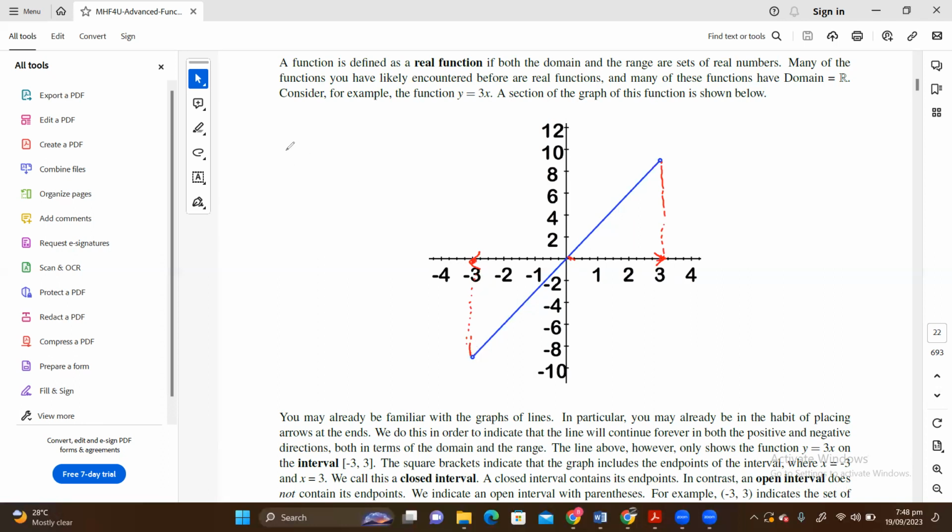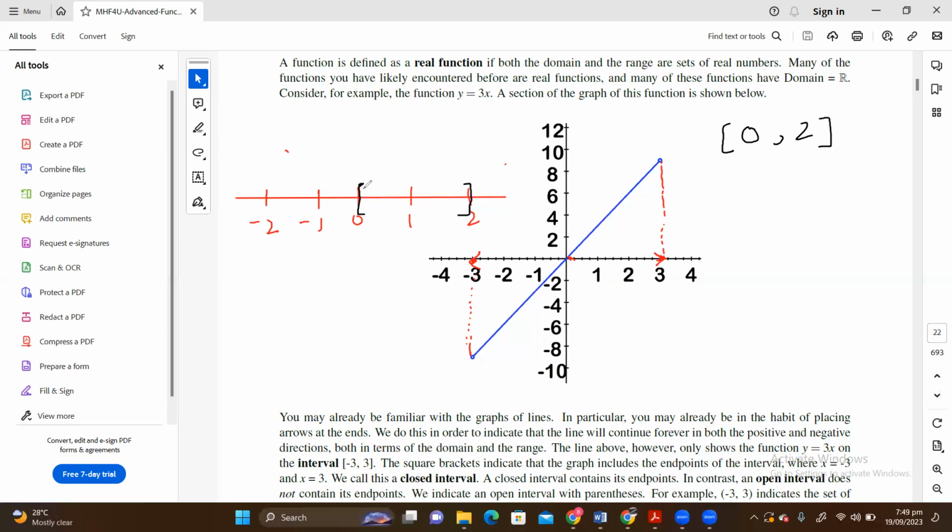Let me give you another example, an easy one. Okay, if I have a line with 0, 1, 2, -1, -2, and I say that my interval includes 0 to 2, I will write the interval with square brackets, 0 to 2.